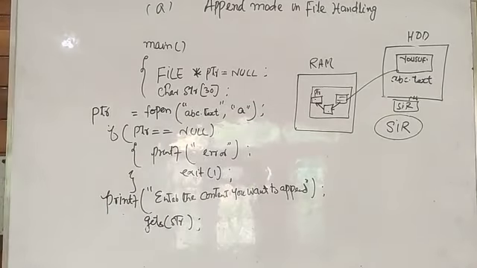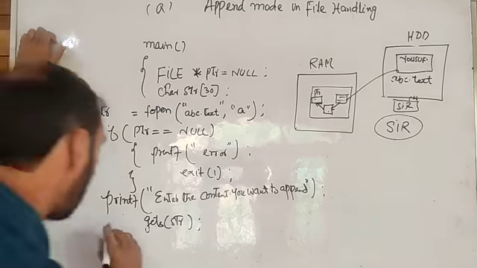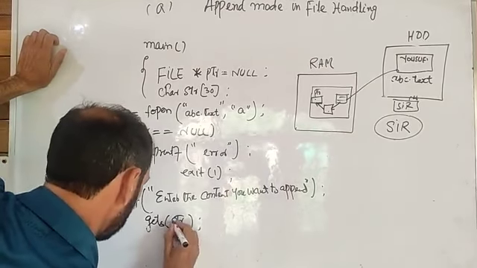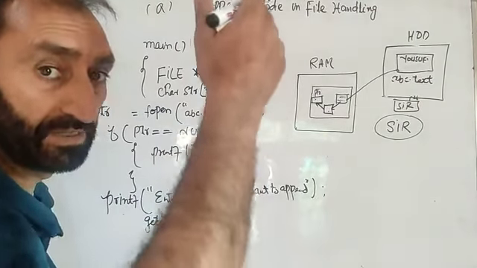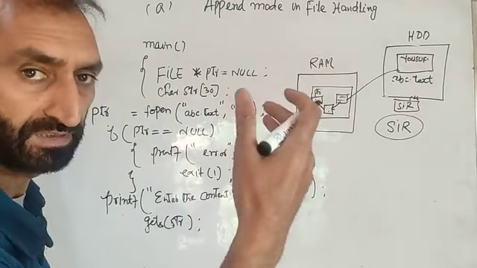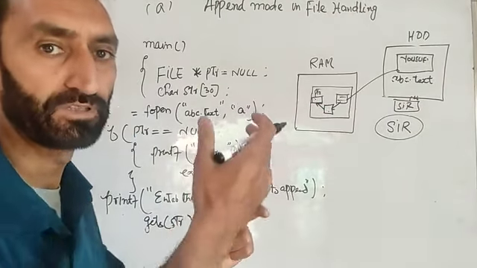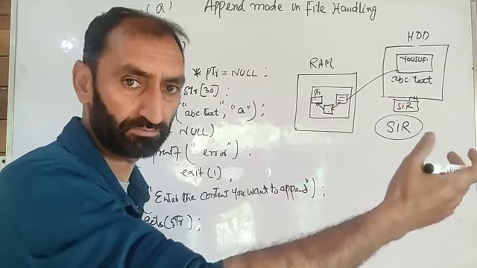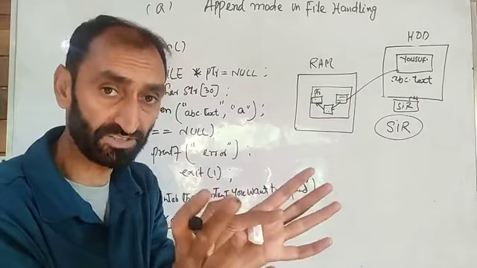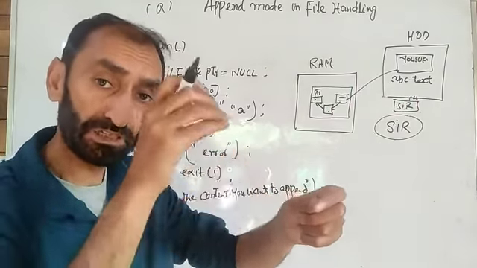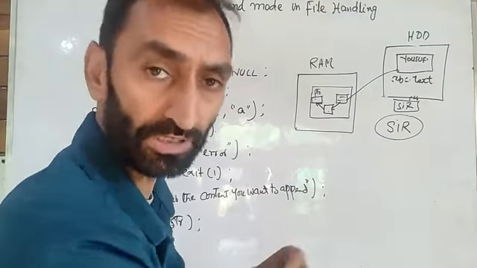Now I want to write this. There are functions which I have already discussed in the previous videos: the fprintf function, the fputc function, and the fputs function, which we can use to write the contents into the file.